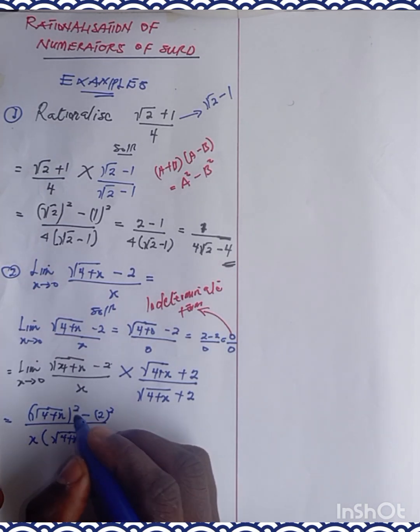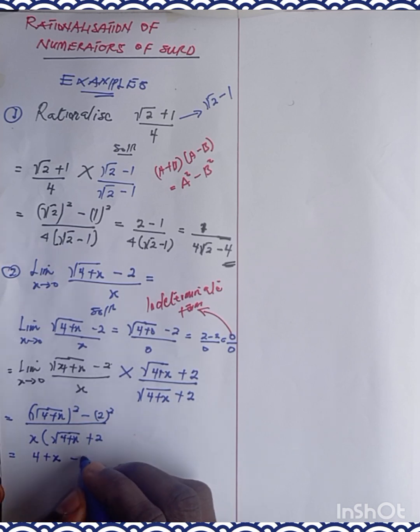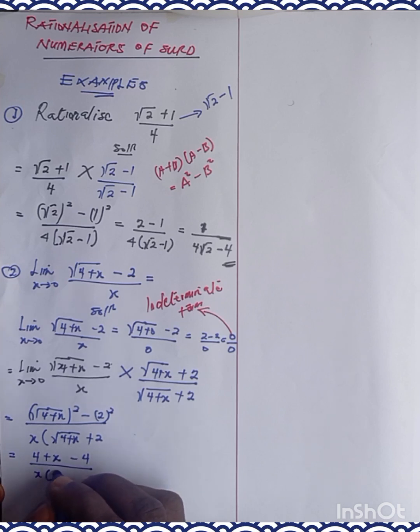Okay, so we know that the square will cancel the radical sign. We are left with 4 plus x minus 4 all over x times root of 4 plus x plus 2.